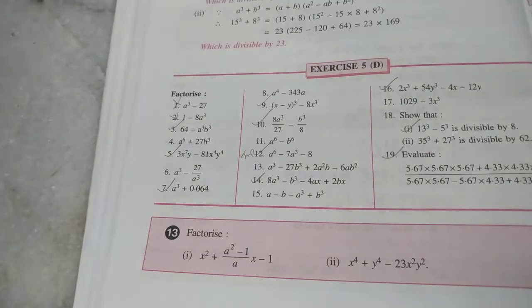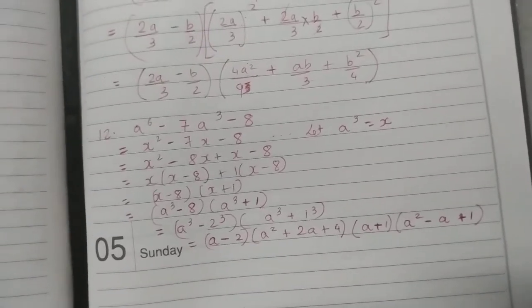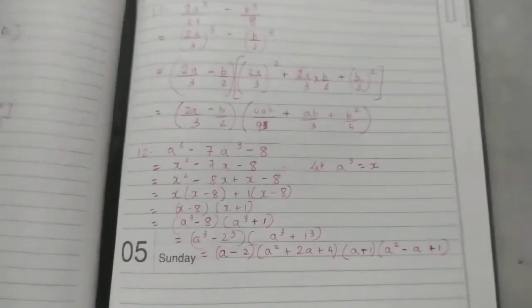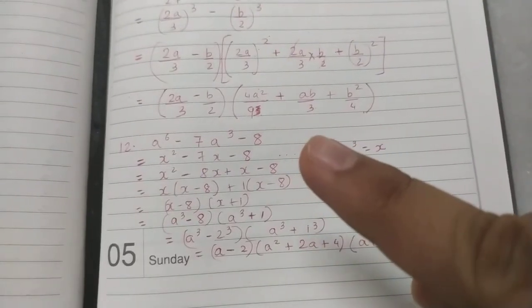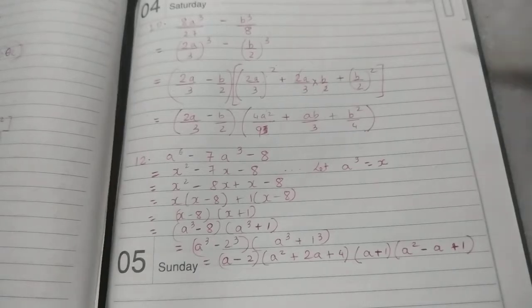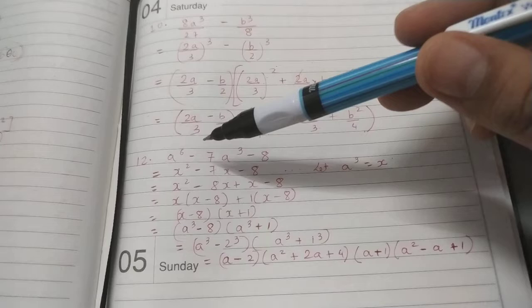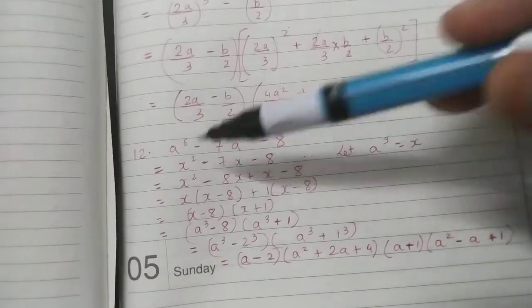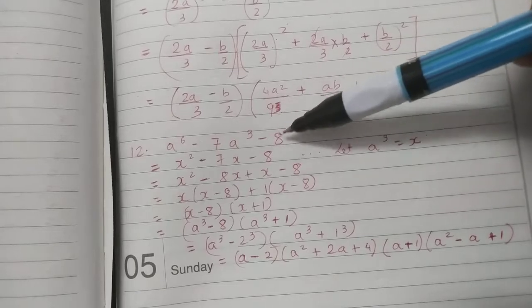Now the 12th sum, which is important. Here we have a power of 6. So let's simplify it. Let's make it a power of 2 max. So assuming a cube to be x, so a raised to 6 will become x squared, 7a cube will become 7x, and minus 8 will remain as it is.